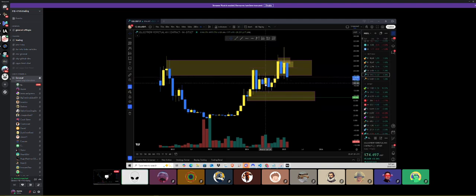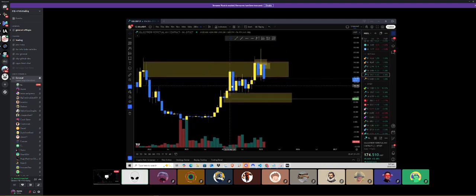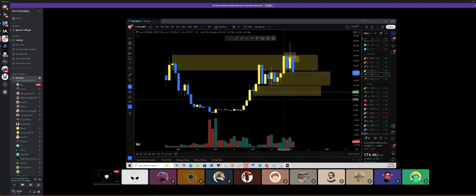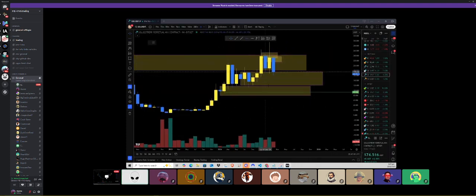In here was where you created your support. So this sort of said that support is now growing, but it got invalidated pretty quickly. That support was lost when that wick went through it. And when that wick went through it, it went back to the original support to try and take the price back up again. So this gave it a shot, didn't work, it failed, and it went back to the bottom one.